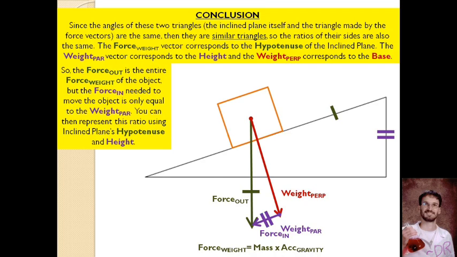So when we are doing hypotenuse over height, we are actually having the same exact ratio that is the force out and the force in, which is our mechanical advantage.